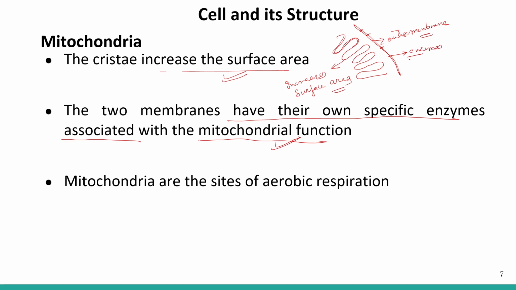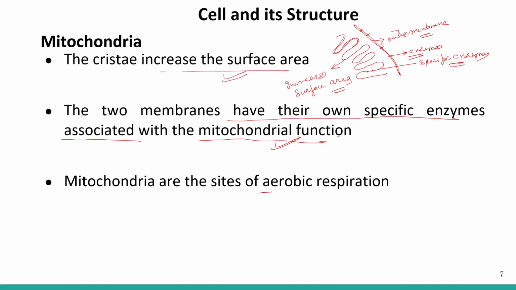In the same way, the inner membrane also has some specific enzymes attached to it. Enzymes are proteinaceous in nature. So these two membranes have specific enzymes attached, corresponding to their functions.